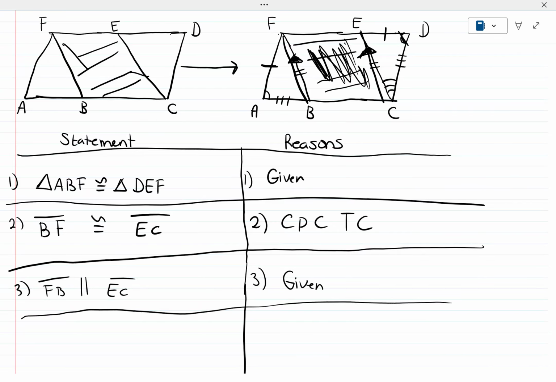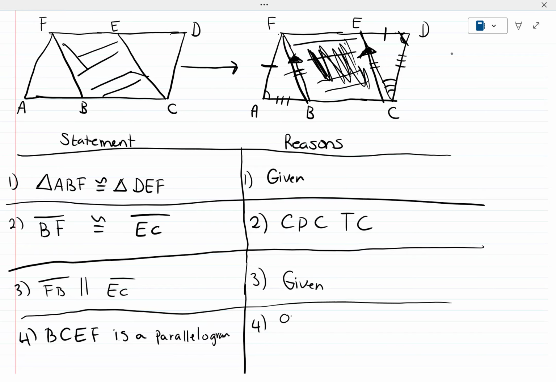And then the last statement we could say is the final reason. BCEF is a parallelogram. The reason is opposite sides are parallel and congruent. So this side is parallel with this because of the arrow, and this side is congruent with this side, that means it's definitely a parallelogram.